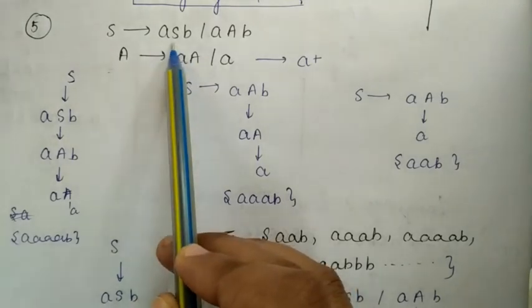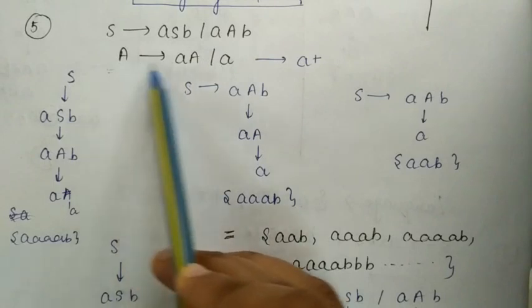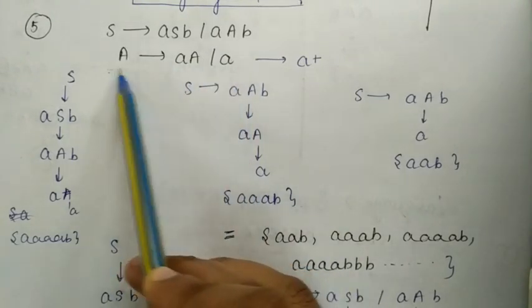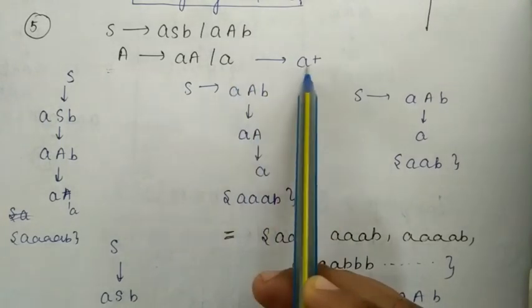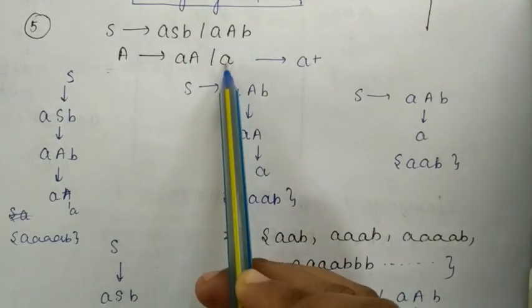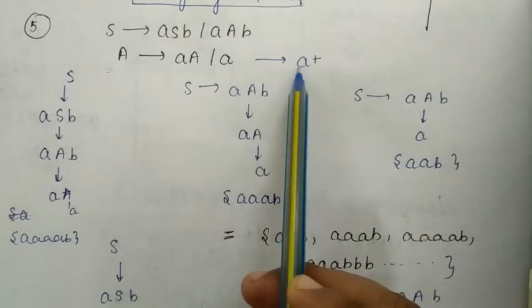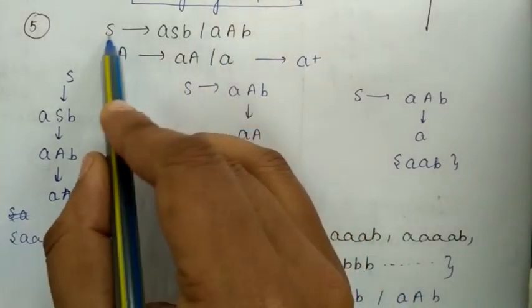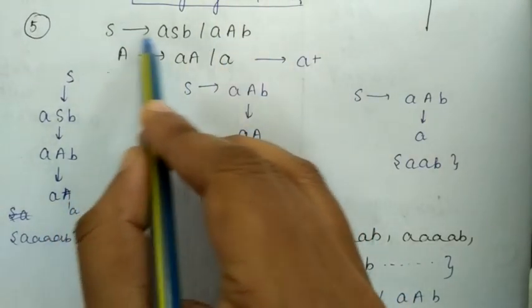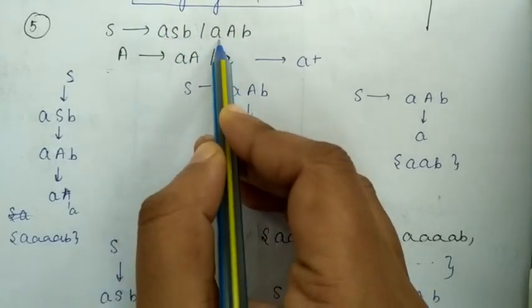Firstly you will have to analyze what it is trying to say. As I have told in the previous question, this grammar is for A plus, because it generates a minimum string A and then any number of A. Now the starting symbol has two productions, ASB and AAB.